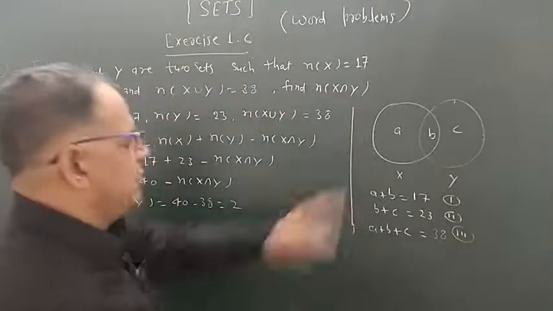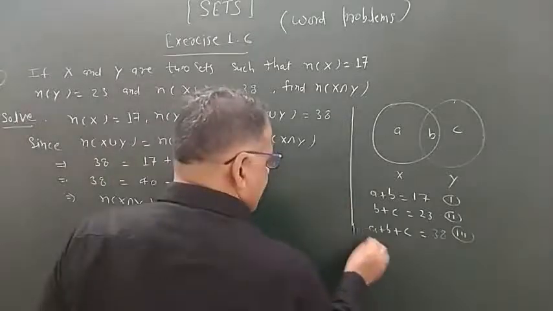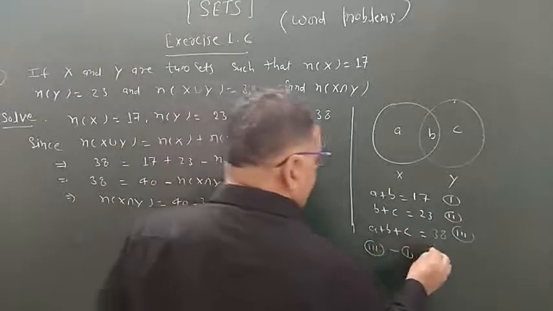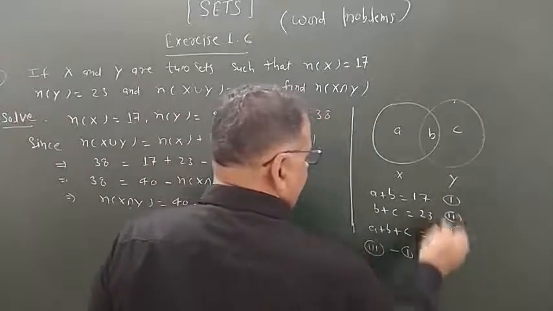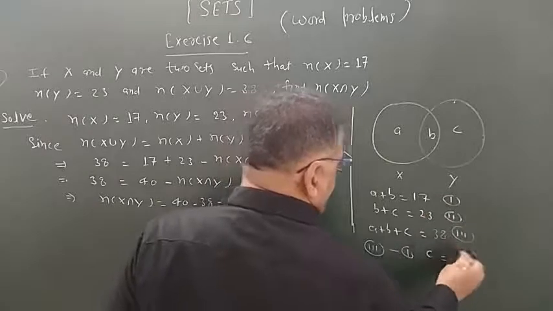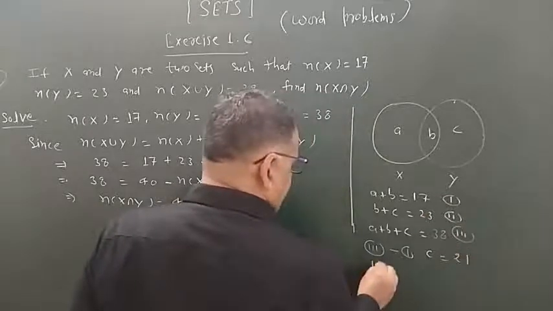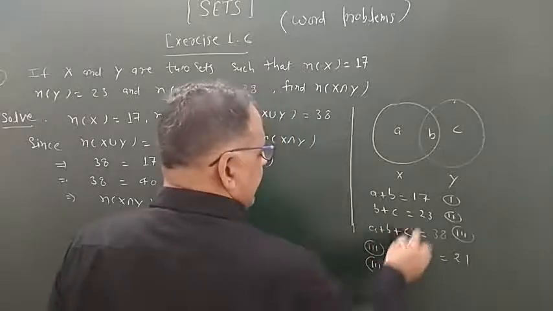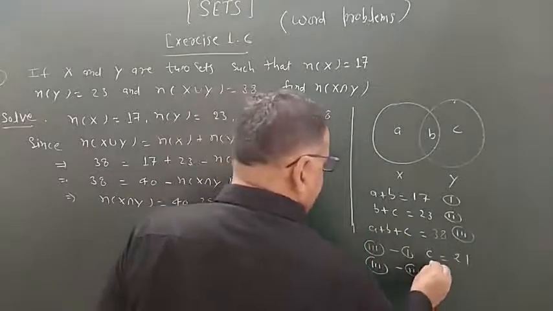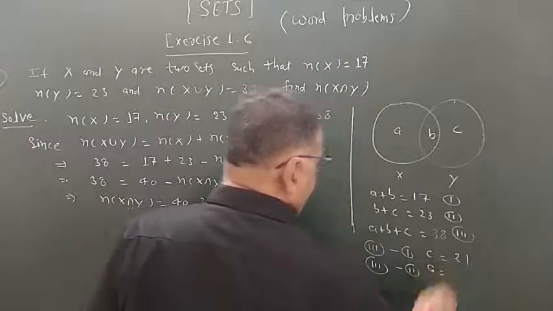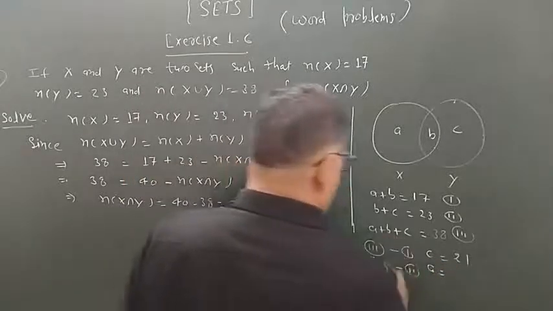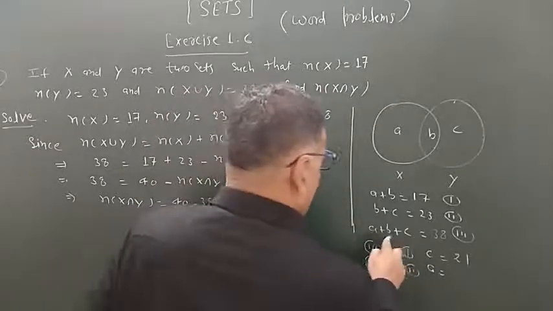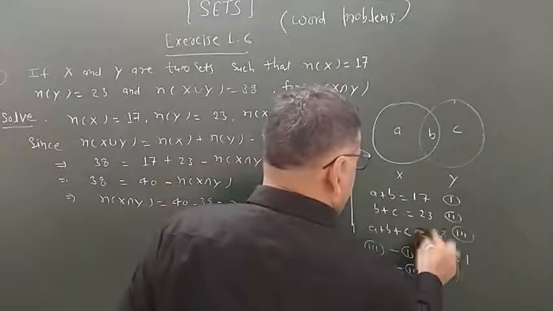So now we have three equations. Now third minus first, so we have C equal to 21. Third minus second, so we have A equal to A plus B plus C minus A equal to 38 minus 23.